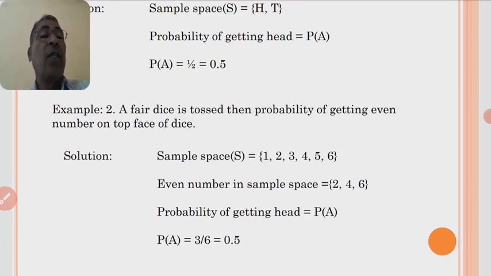That is, the probability of getting even numbers: 2, 4 and 6 means the total number of favorable cases is 3, and the probability of getting an even number is equal to 3 divided by 6, that is equal to 0.5.